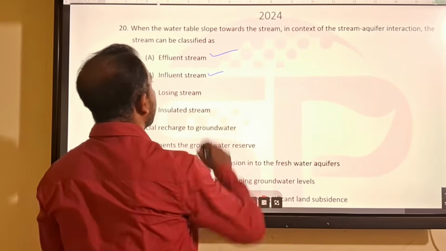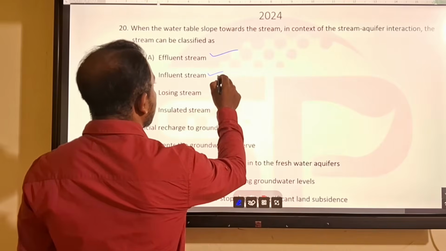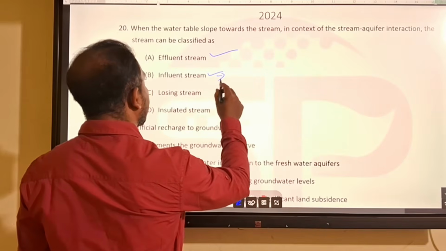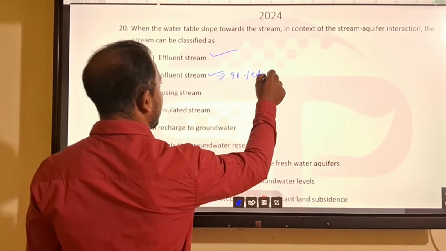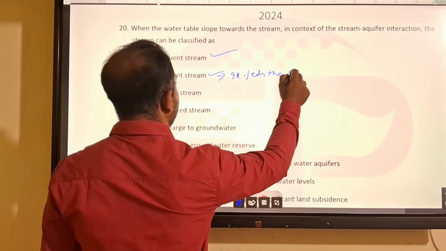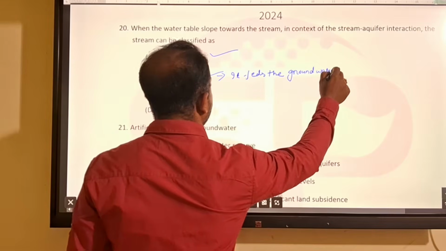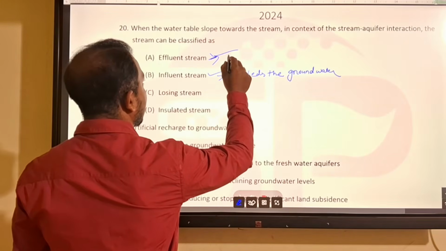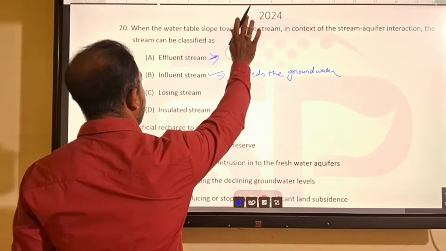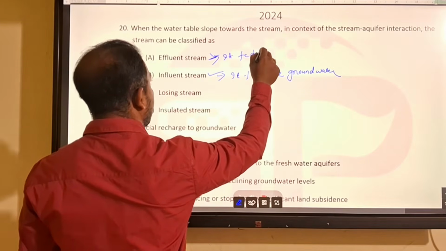Influent feeds the groundwater. And effluent is fed by the groundwater.